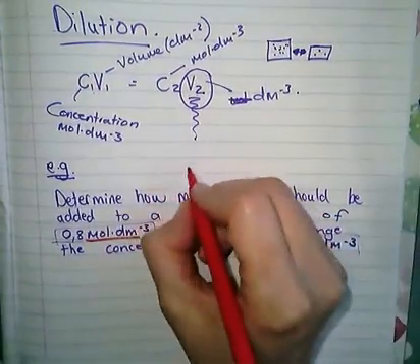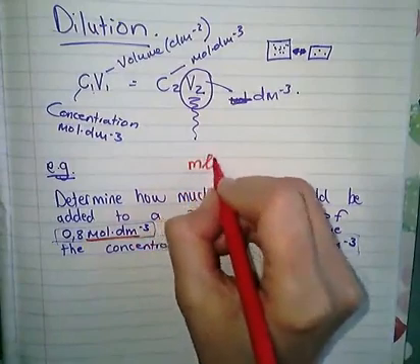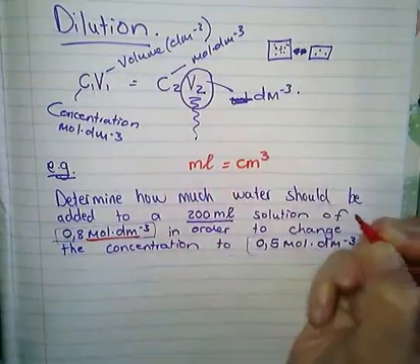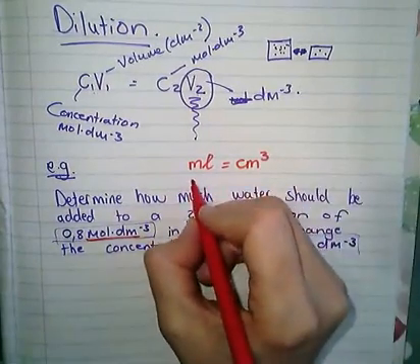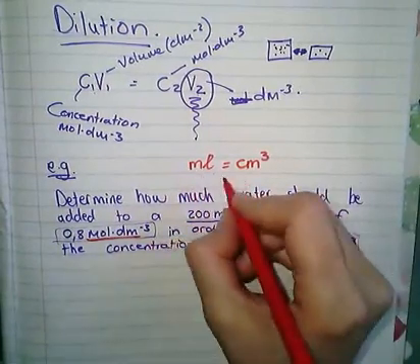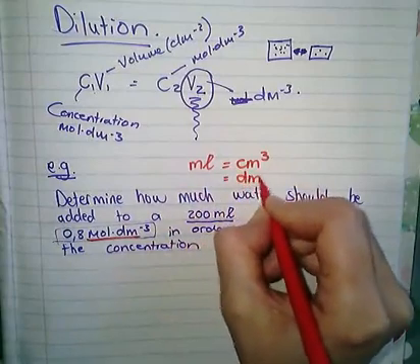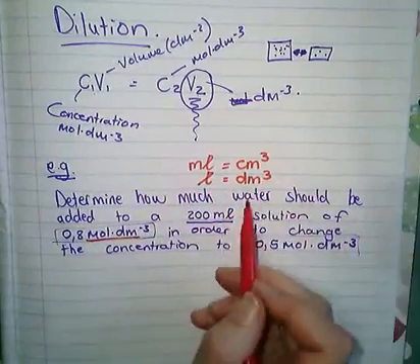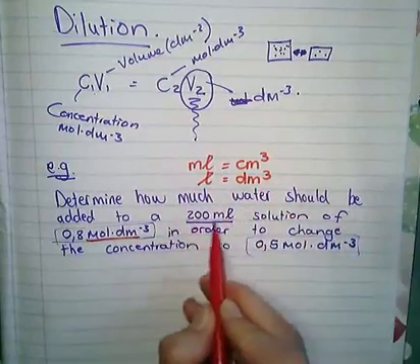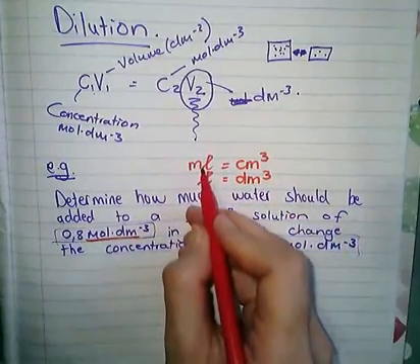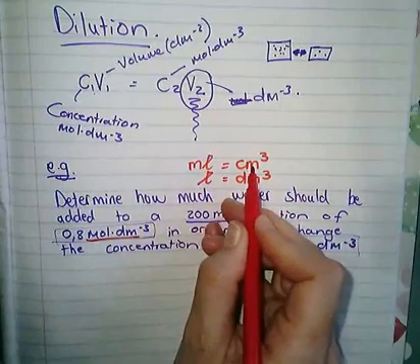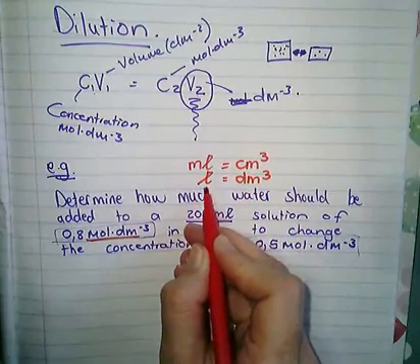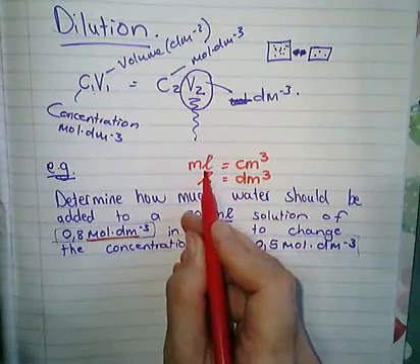So if you have 200 milliliters, 200 cubic centimeters, it means you have 0.2 liters, right? So if you have 200 cubic centimeters, it means you have 0.2 cubic decimeters. So the first thing we do is we convert to SI units, right?